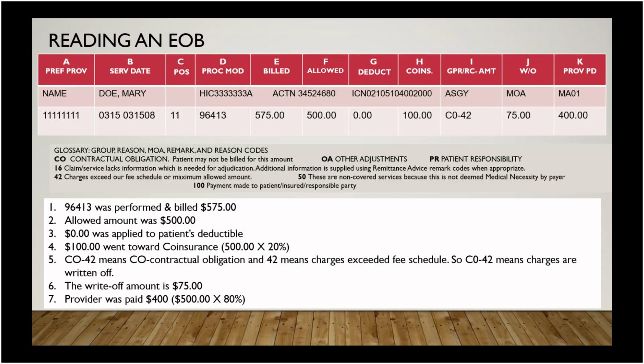CO 42 means contractual obligation, and 42 means the charges exceed. So CO 42 means the charges are written off, and the write-off amount is $75. And provider was paid $400 because 80% of 500 is $400.